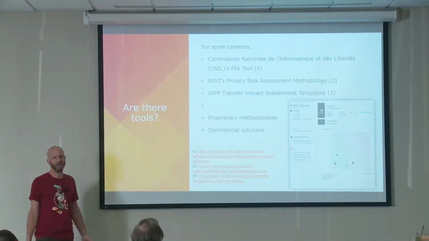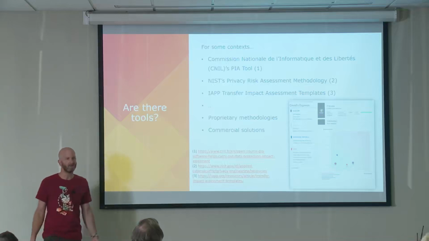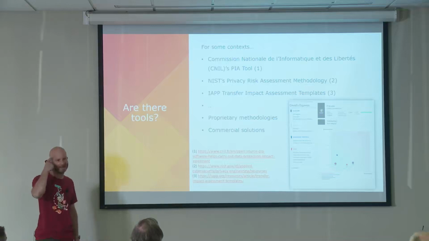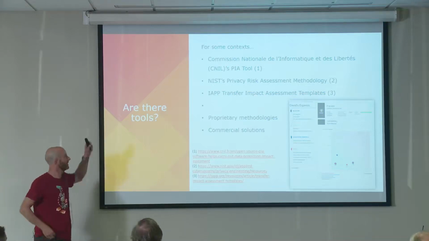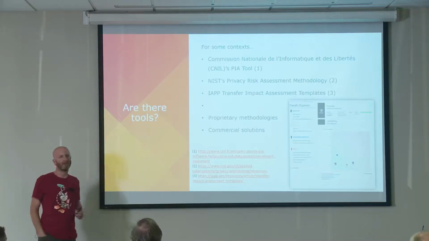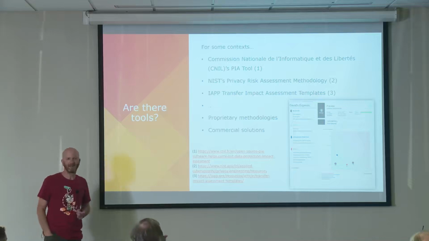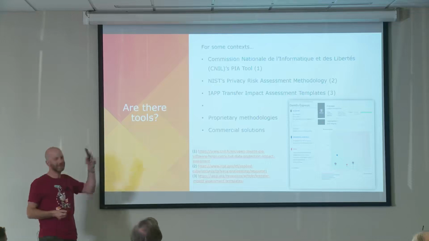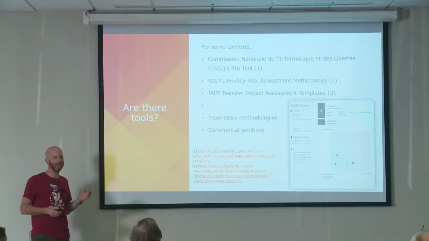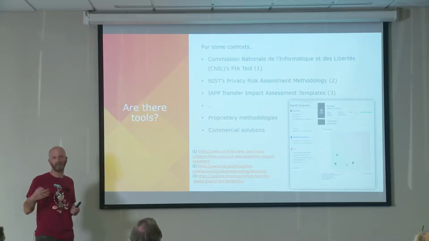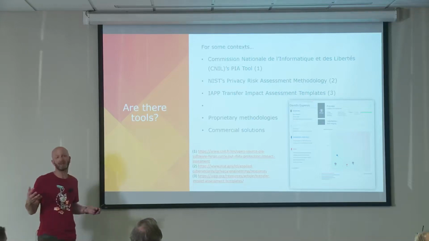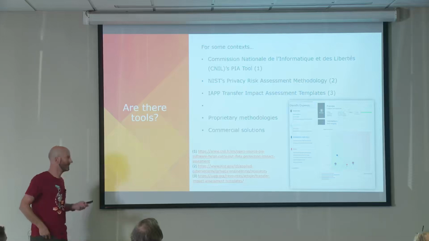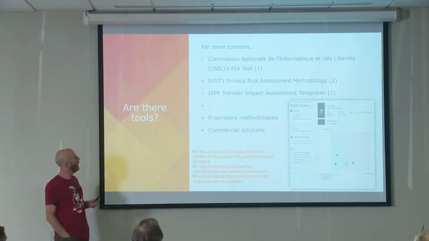Are there any tools that do all of this for us? I put a couple of pointers in here, and remember that we need to think about context. For example, the French privacy supervisory authority, CNIL, has an actual tool you can use to do privacy impact assessments that meets that agency's interpretation of what's required under GDPR. So for that context, you could look at that.